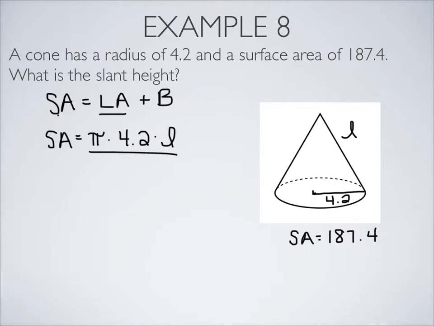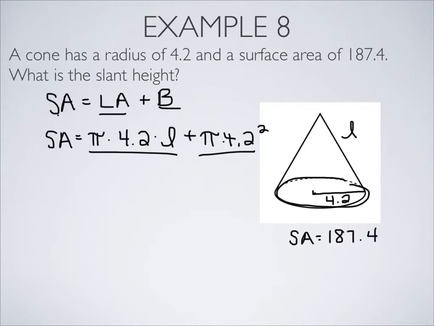And then I'm going to add the area of the base. It's a circle, so it would be pi times radius squared, and the radius is 4.2 squared. Sorry, that got a little messy. So that there is the area of the base.